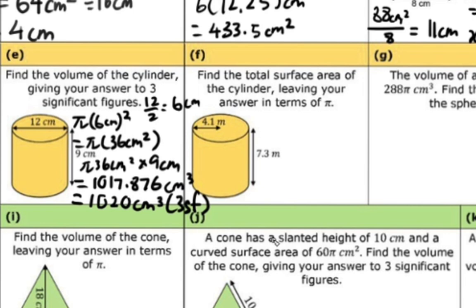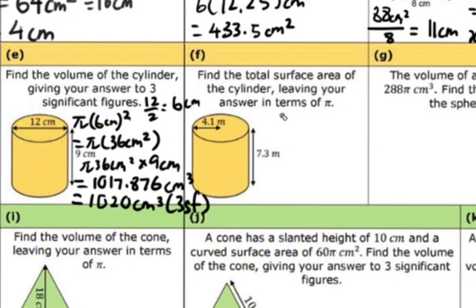Question F. Find the total surface area of the cylinder, leaving your answer in terms of pi. So first we would need to find the circumference of the circle to get the area of the body, this part of the cylinder.